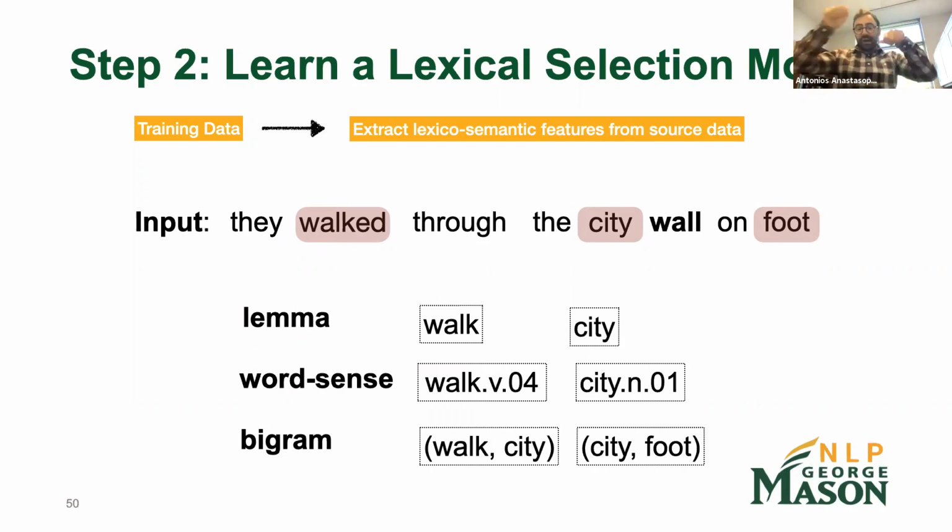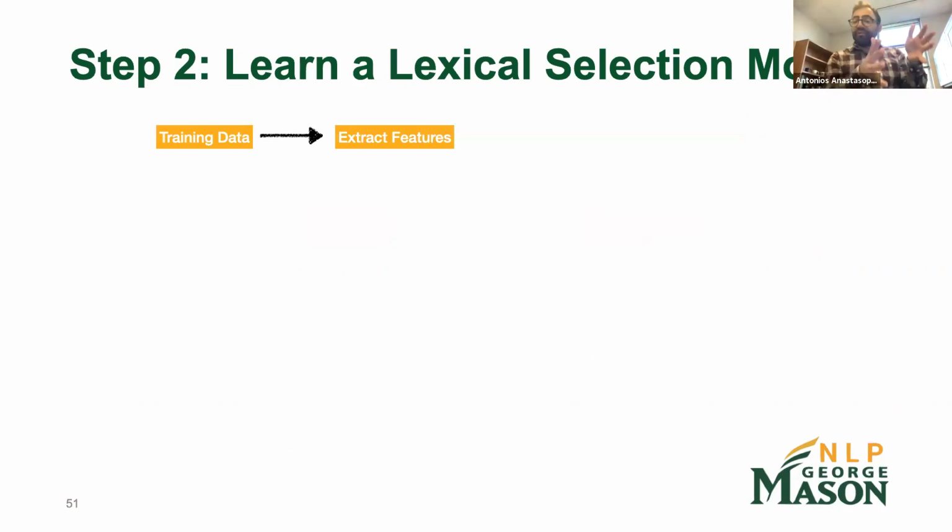And then we're also going to have bigrams between them. Here there are 3 content words, so we're going to have 3 bigrams. I'm not showing you the third column of rules. So we have walked city, city foot, walked foot, and so on. Cool. Now we have these features, and these are the input to our model, and the output is again the choice between the options in Spanish.